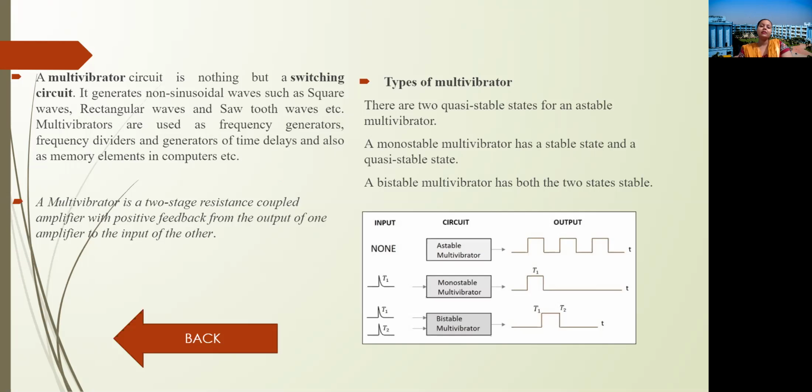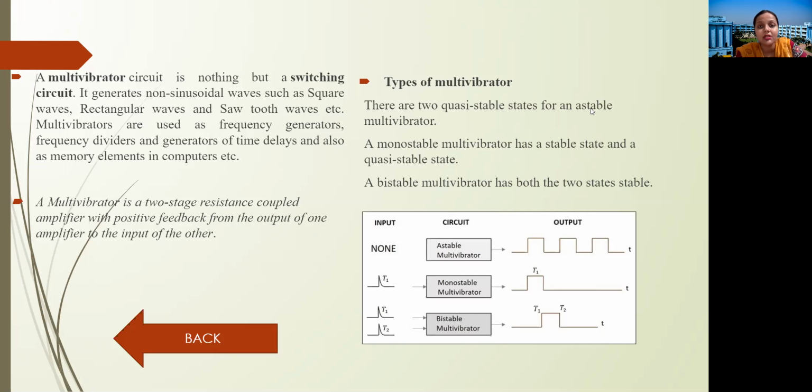Now the important thing, types of multivibrator. What are the different types of multivibrator? These types we are going to study in detail. So there are three types of multivibrator that we can also see in this figure. The three types are astable multivibrator, monostable multivibrator, and bistable multivibrator. In astable multivibrator, it has two quasi-stable states.